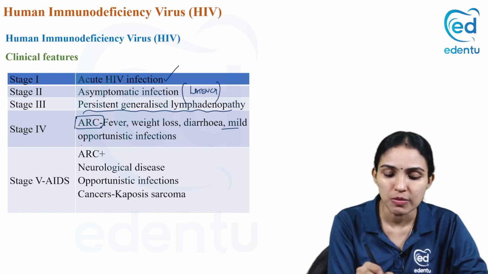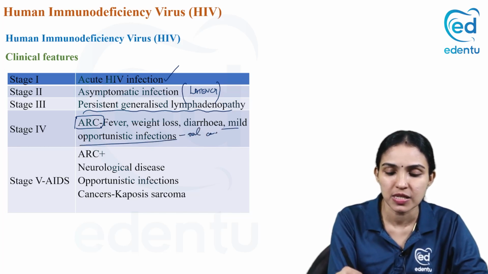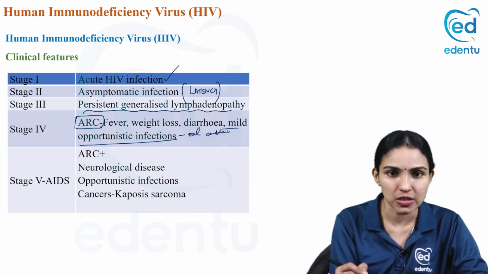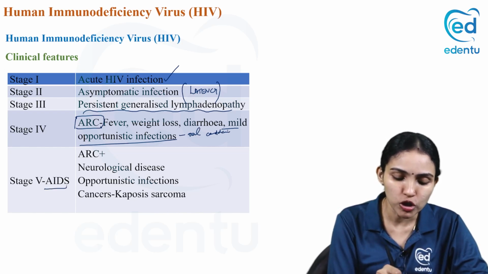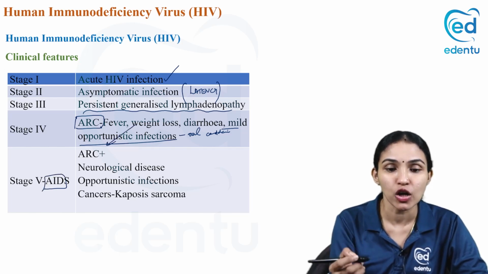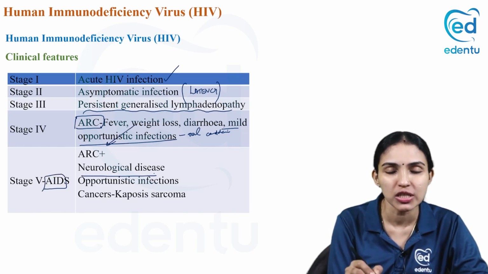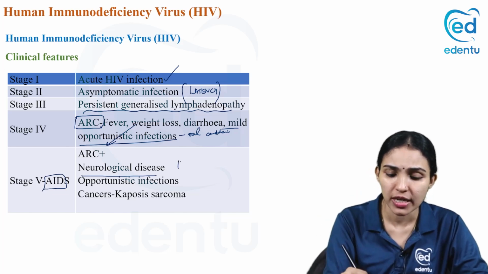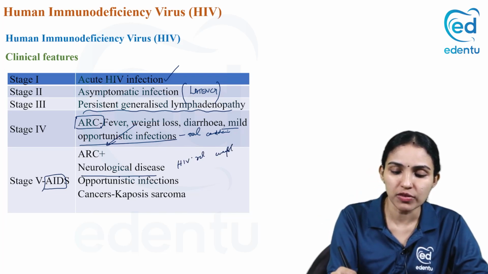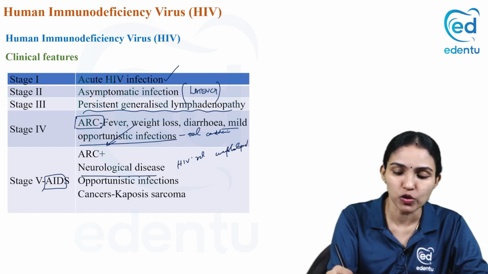And also they will show some mild opportunistic infections like oral candidiasis, recurrent bacterial infections and so on in this stage. Later they go into a full-blown AIDS stage where they will have all these symptoms. Along with that, they will show neurological disease that is called HIV related encephalopathy. The HIV virus as such can cause an encephalopathy.